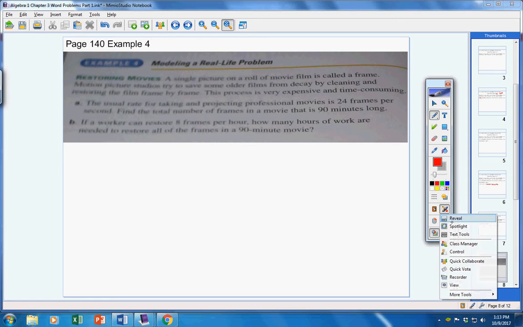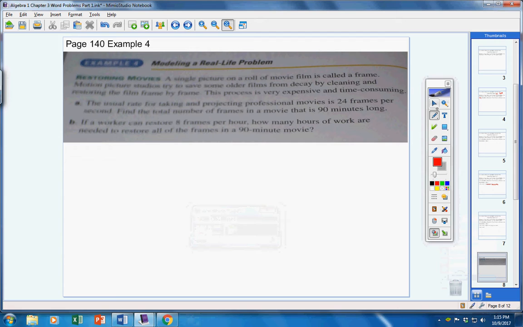Okay? So students, as always in your notes, I would not personally copy this problem down. It takes too much time. I would just write down page 140, example number 4.